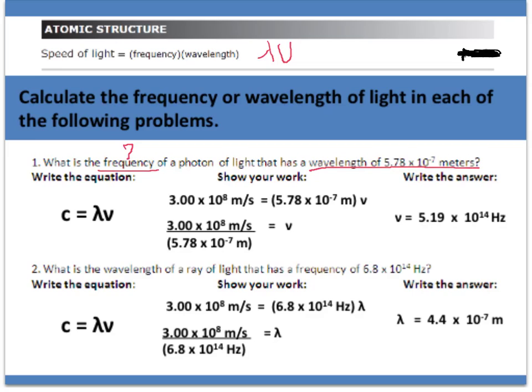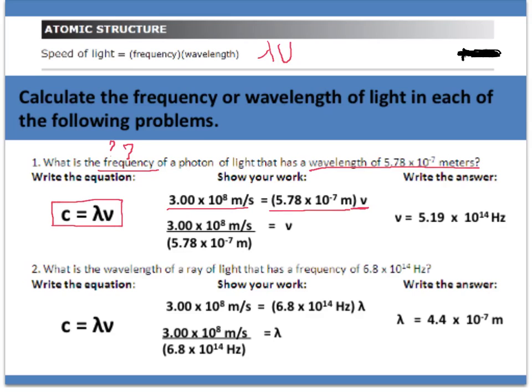So we think about the equations we just looked at. Which equation connects frequency and wavelength? C is equal to lambda nu. We know C is a constant, that's the speed of light. We're given the value for lambda, or the wavelength. The only thing we don't know is nu.